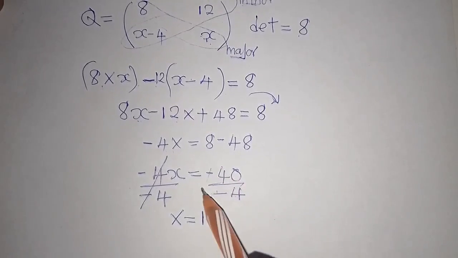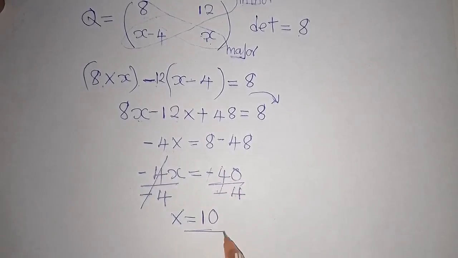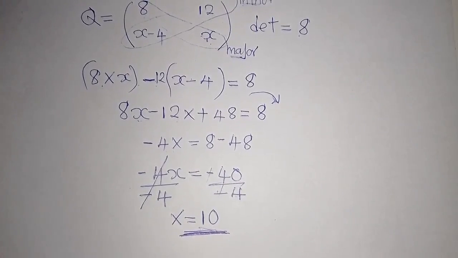Negative negative cancelled. So that is your value of x, which is 10. So that's how you get to find the value there. You just need to understand it.